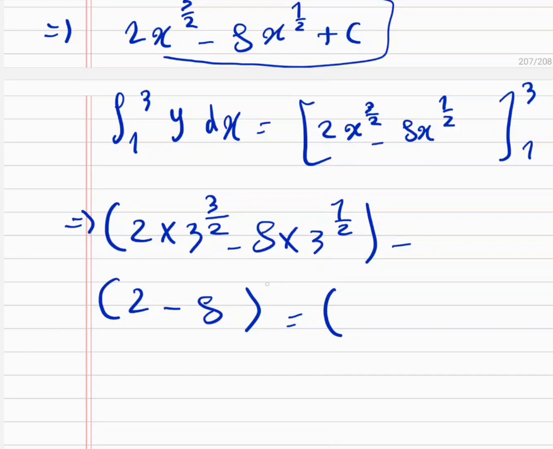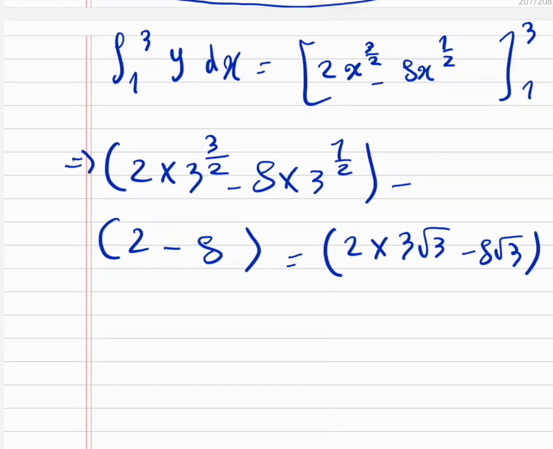So in the first bracket we have 2 times the square root of 27, but instead of writing square root of 27, we can just rewrite that as 3 root 3, which is essentially the same thing. And we then have minus 8 times 3 root 3. And for the second bracket, we just simply have minus 6.